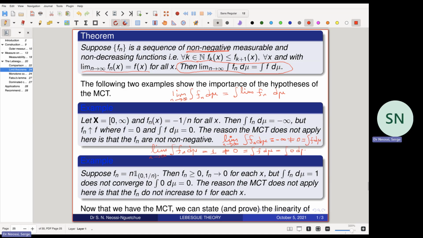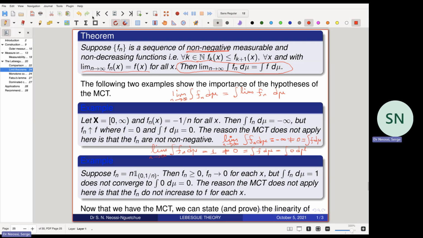So we see also in this case that we cannot claim the result of the monotone convergence theorem because one condition of the theorem is broken, that is, the convergence of the sequence increasingly towards f.